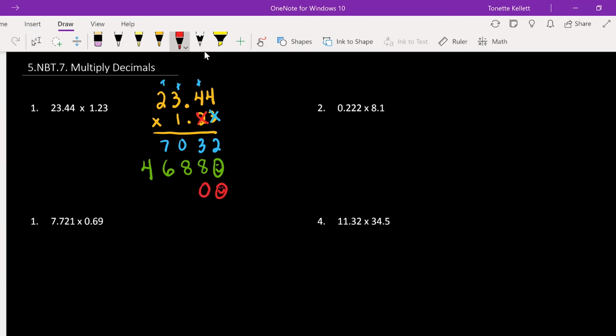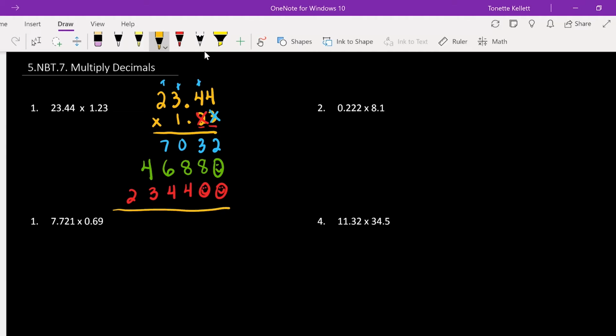We know the identity property of multiplication says anything times 1 stays the same. This is actually a 100. That's why we put 2 zeros for placeholders here. So 1 times this top number makes it stay the same. So I'm just going to copy those same digits down.